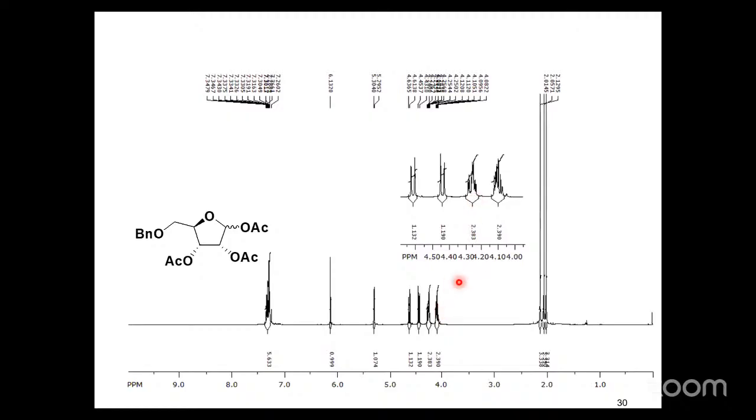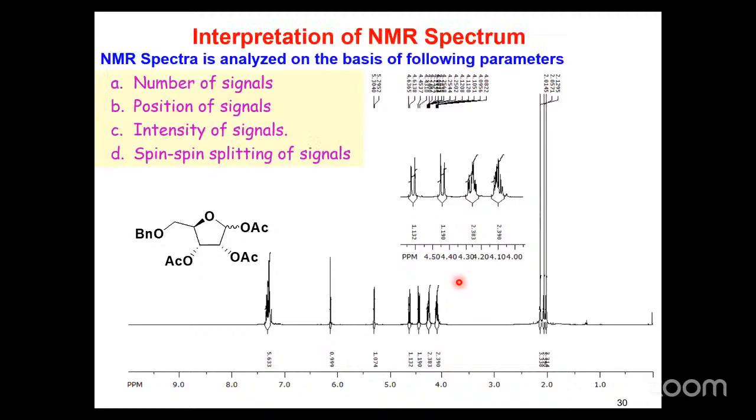So all these parameters we can play with and we can get the structure over here. So number of signal, position of signal, intensity of signal, and spin splitting will give the multiplicity. All these parameters we have to take care of when we are interpreting H1 NMR.